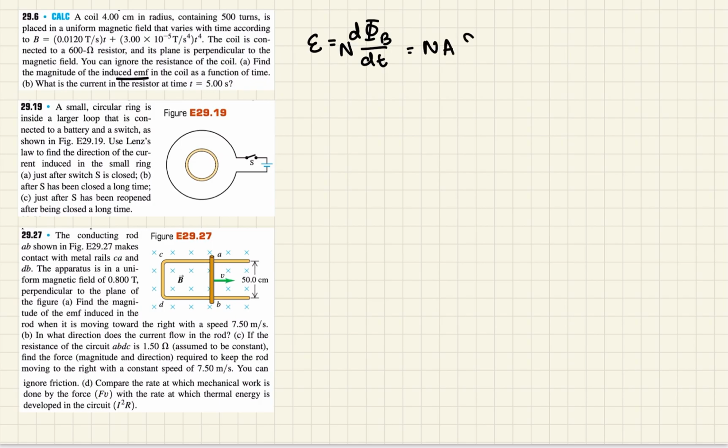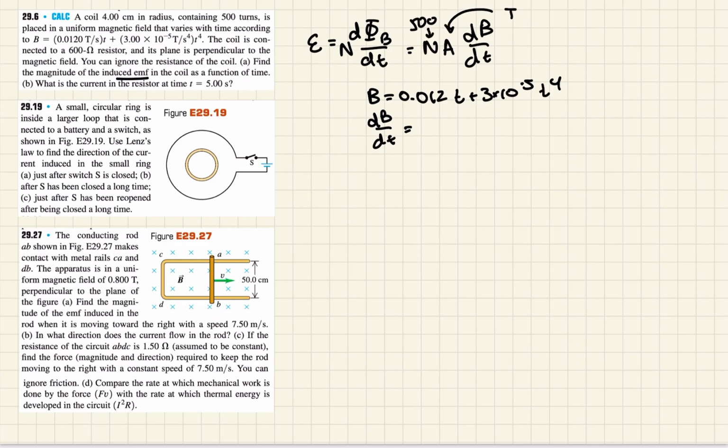So it becomes NA times dB/dt. N and A both don't change, B does change by this equation, so you just take the derivative of the equation B equals 0.012 t plus 3 times 10 to the power of negative 5 t to the power 4, and you're going to have to multiply by N and A, so N is 500, A is the area, which is pi r squared, pi times 0.04 squared, because 4 centimeters.